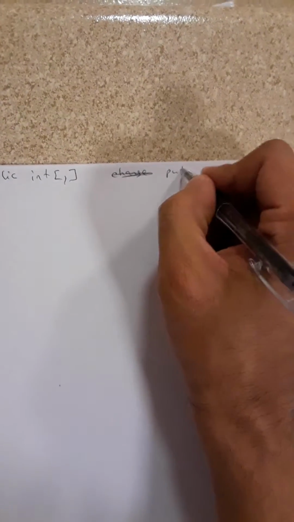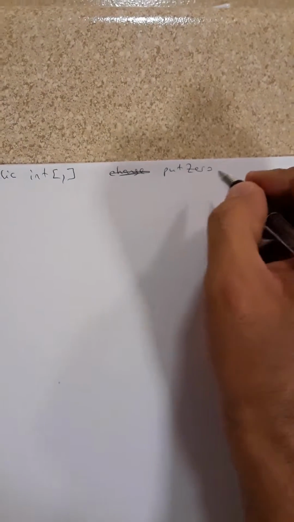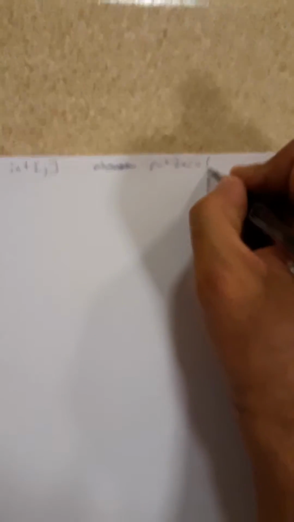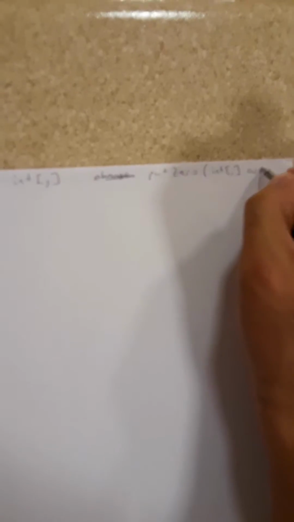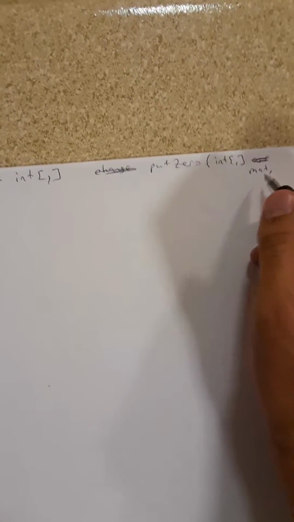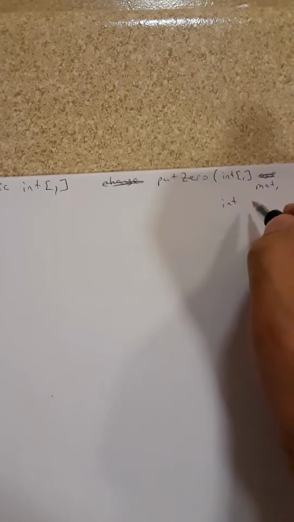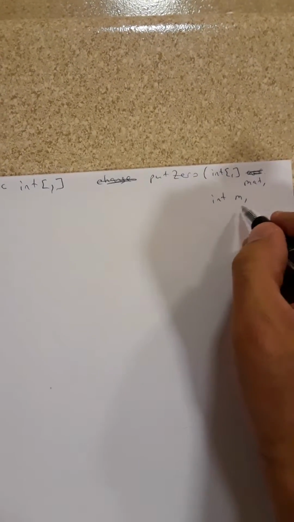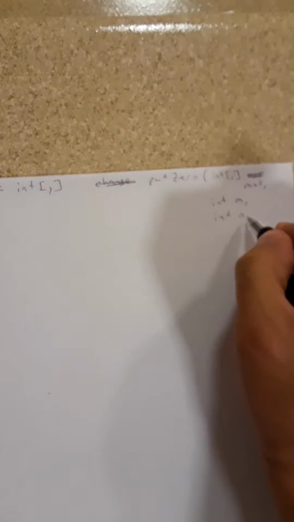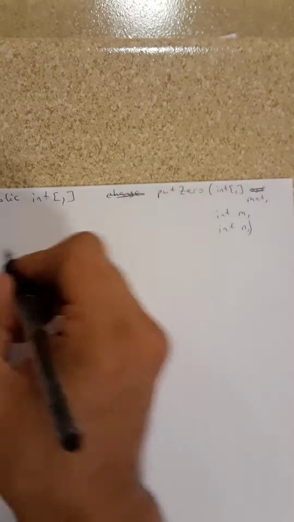Let's call the function put0, and the input will be a two-dimensional array, let's call it mat for matrix, and I will assume that I am given the number of rows as m and the number of columns as n.